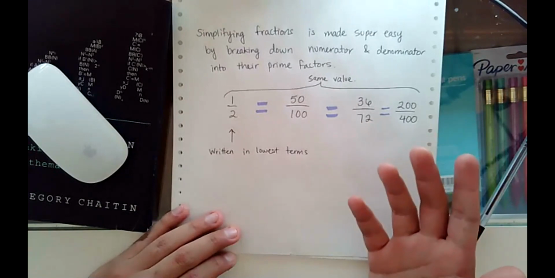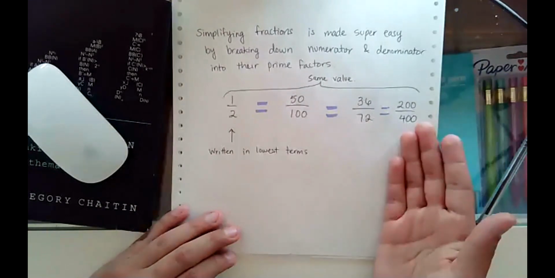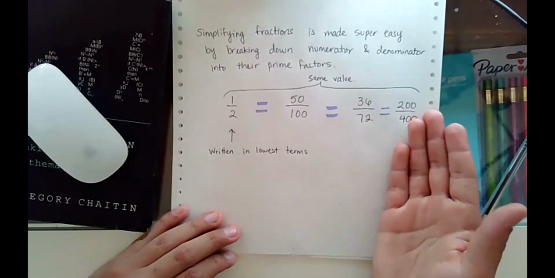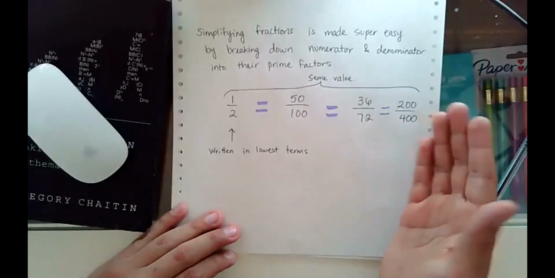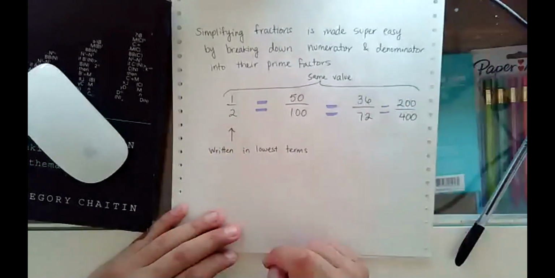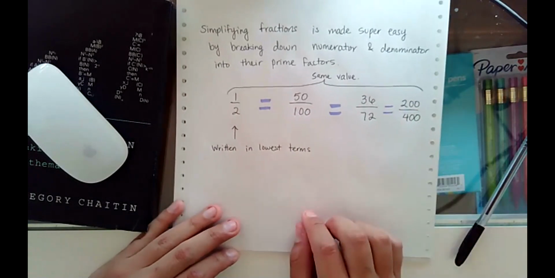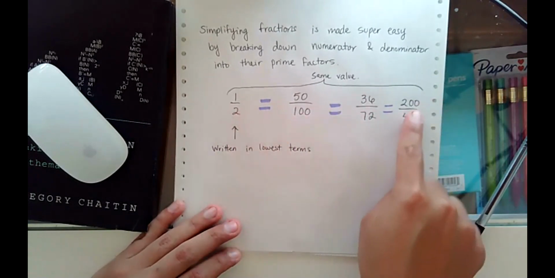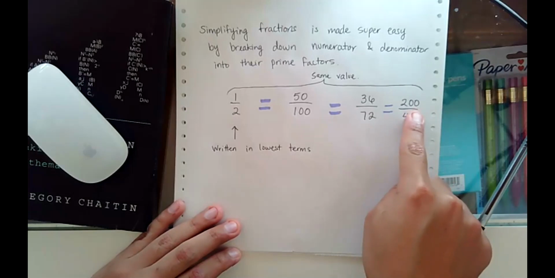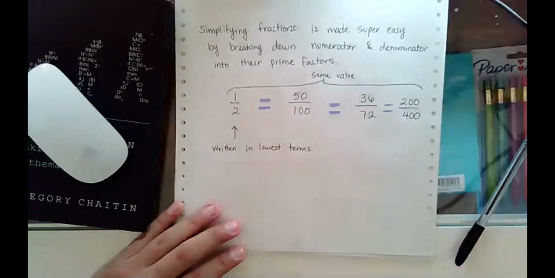So rather than talk about 200 over 400, it's just a lot more simple to say, well, this is just half. But not all of these fractions that we're going to encounter are going to be super easy to determine whether or not we can simplify just by looking at it.